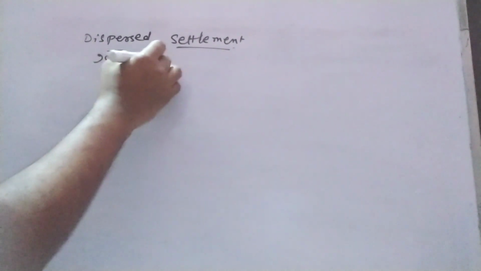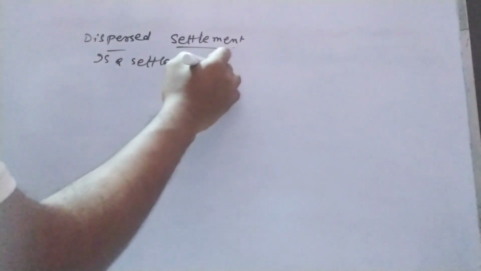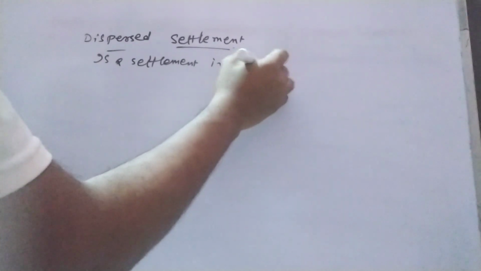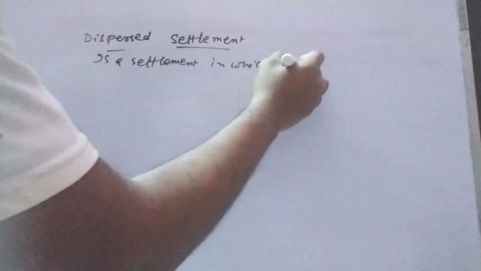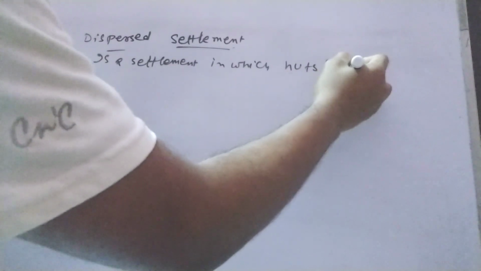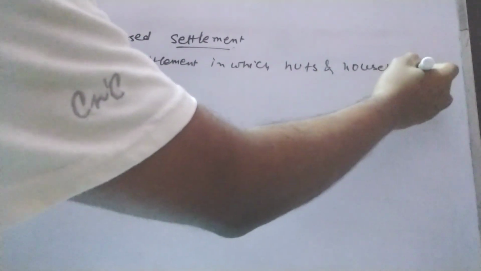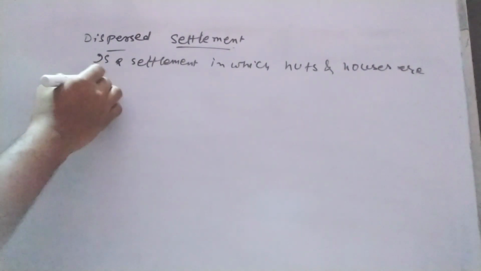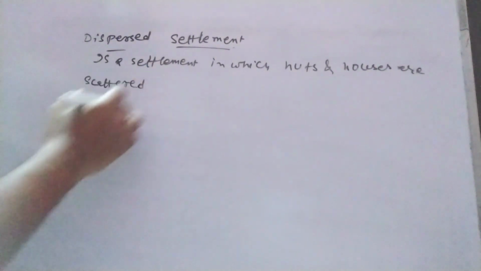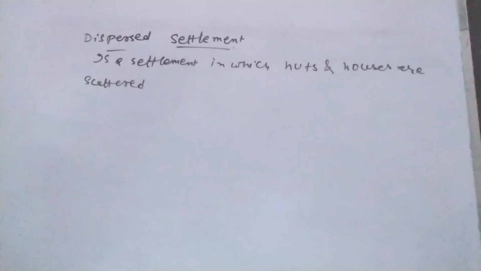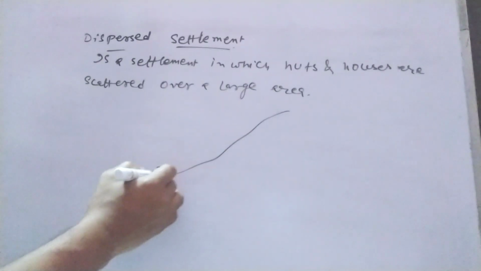So dispersed settlement is a settlement in which huts and houses are scattered over a large area.